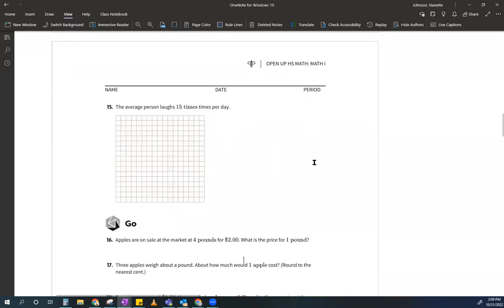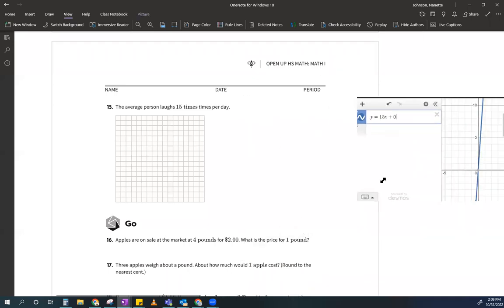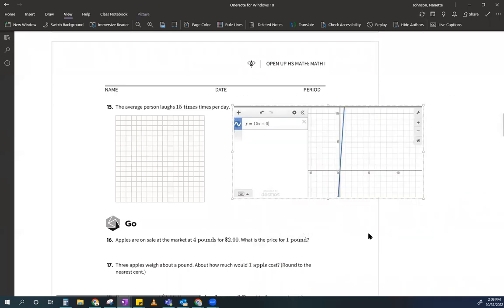So let's see, doing this again, I'm going to label my axes. This is going to be in days, and then this is going to be in laughs, right? Would it make sense for half a day of laughs? Yeah, you can measure half of a day, sure, no problem. But in terms of number of laughs, what does half of a laugh look like or sound like, right?